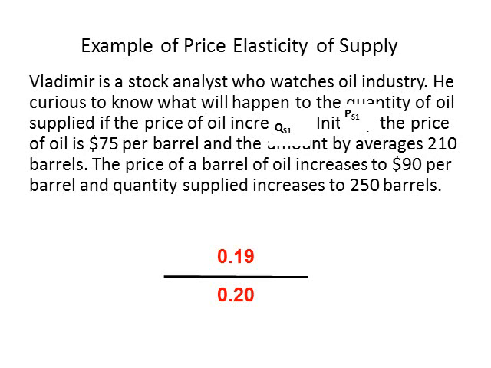Next, divide the percent change in quantity, the top number or the numerator, by the percent change in price, the bottom number or the denominator. The result of the division gives 95 hundredths, or 0.95, the percent change in quantity per 1% increase in the price.